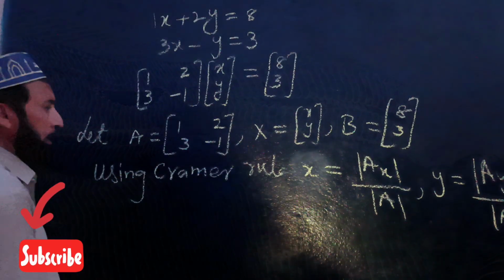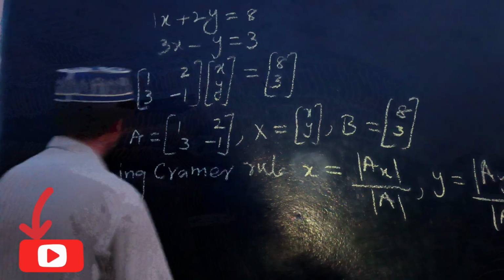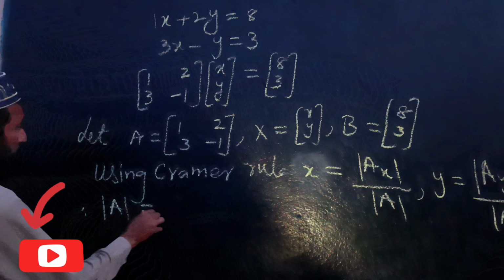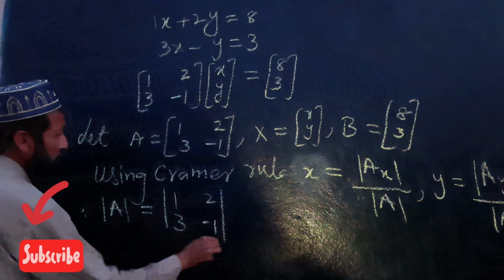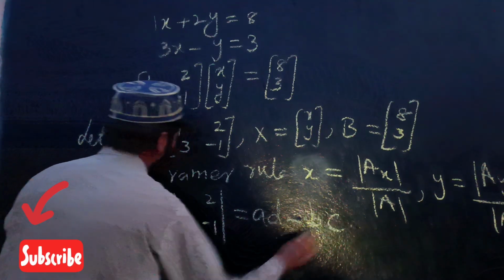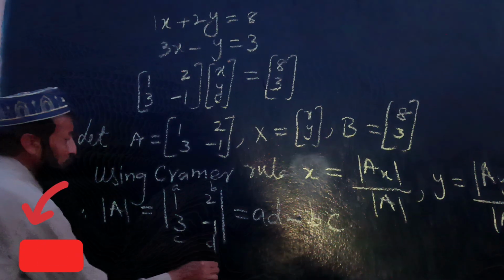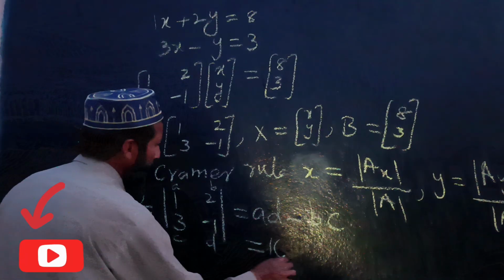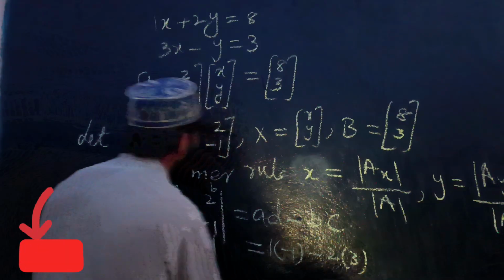First of all, we check whether Cramer's rule exists or not. So first we find the determinant of A. Here the determinant of A is 1, 2, 3 and minus 1. According to the formula AD minus BC, we consider these terms as A, B, C and D and plug in the values: 1 into minus 1 minus 2 into 3.